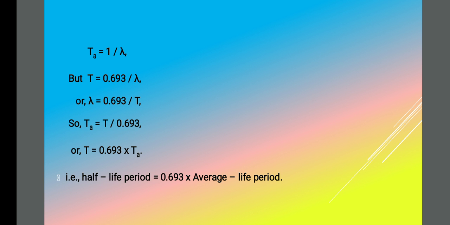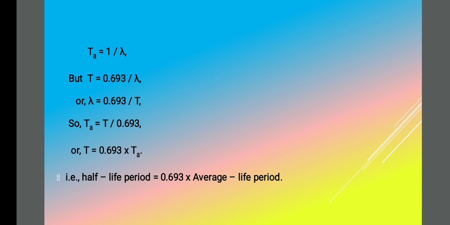So we can modify the equation to the format lambda is equal to 0.693 divided by T. Now you substitute in the first equation, we get Ta is equal to T divided by 0.693. We are substituting the value for lambda. Is it okay? Because Ta is equal to 1 by lambda, and lambda is nothing but 0.693 divided by T, you get the final answer as Ta is equal to T divided by 0.693.